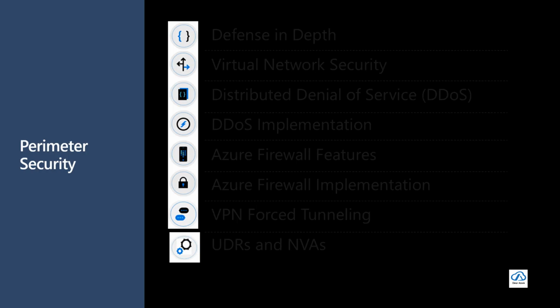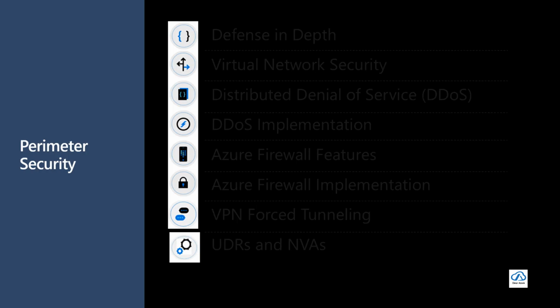Talking about force tunneling, generally as an organization, you might have a requirement wherein you want to redirect internet bound traffic back to the company's network. So whatever traffic is happening in the cloud, you might want to restrict this. You might want that traffic to go back on-prem. So that is one reason why we can use VPN force tunneling.